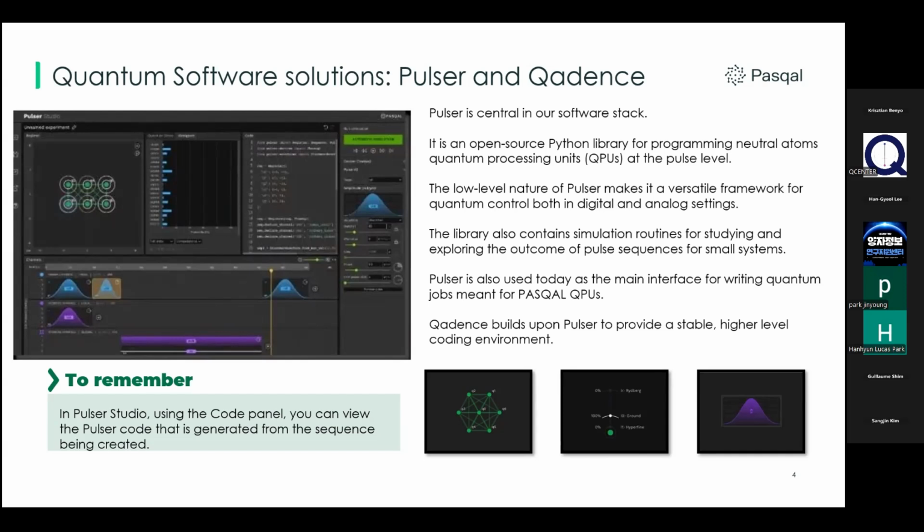As an outreach, there is a second software stack that offers a much higher level interaction called Cadence. It's also an open source Python library that's tailored for analog and digital quantum computing, specifically with neutral atoms, but not just neutral atoms type systems, as there are some compatibilities with other types of technologies.